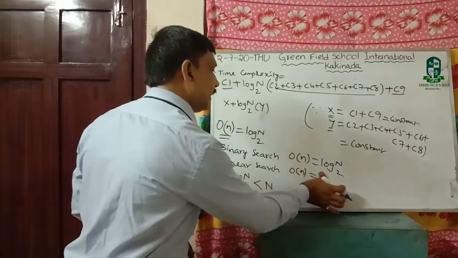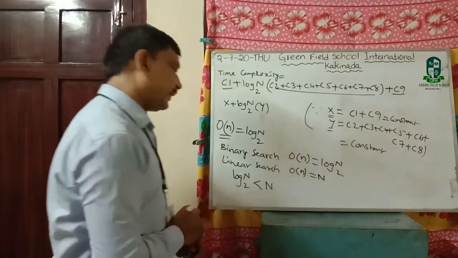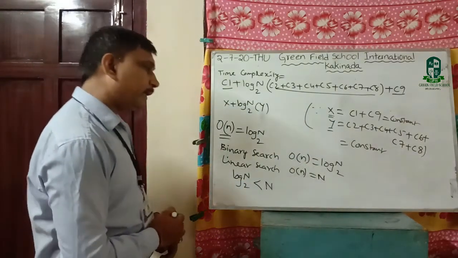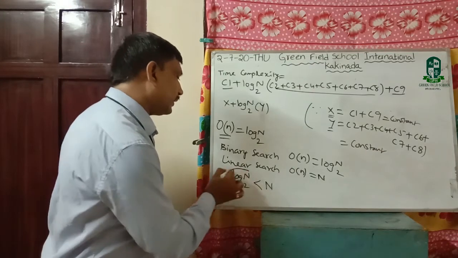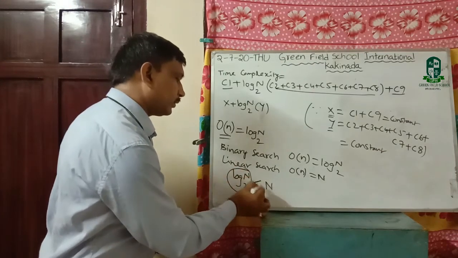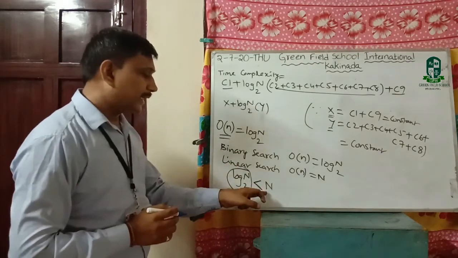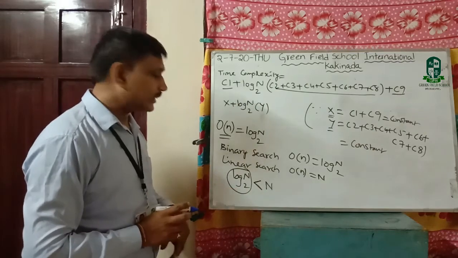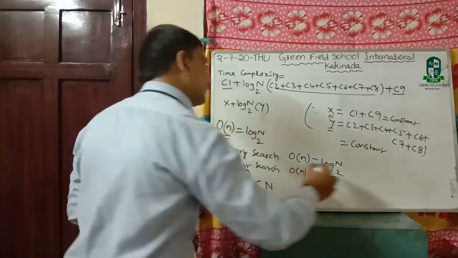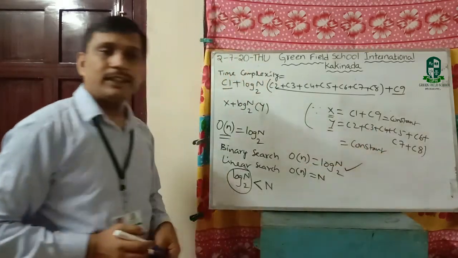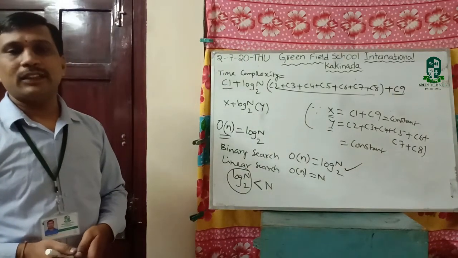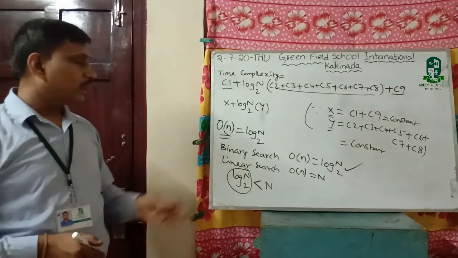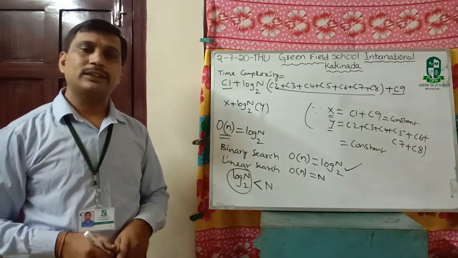So which is the best one among the two? Binary search, because n is greater than log n to the base 2. That's why we consider the binary search technique the best among linear search and binary search techniques.